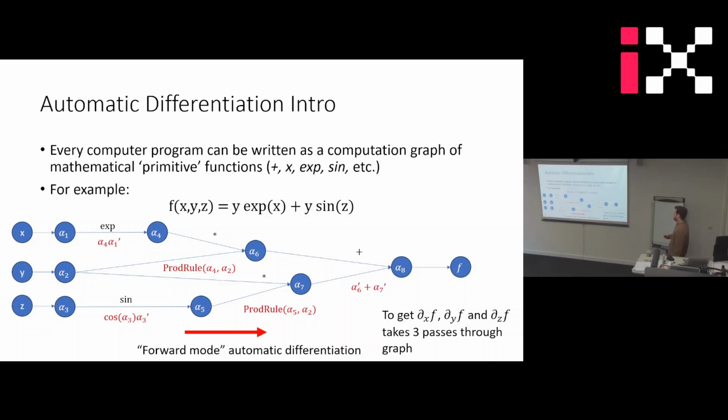The problem is, if you have lots and lots of parameters, you have to evaluate these gradients each time, because I need to set alpha 1 prime to 1 if I want the x derivative, and all the other starting gradients to 0, in order to get the derivative of f with respect to x. So you need to evaluate this gradient for each one of your input parameters and go through the graph another time. If you have tons and tons of input parameters, which we often will in a machine learning context, and only one thing coming out the other end, then this is quite a bad approach, because it takes n passes through the graph to get the gradients that you want.